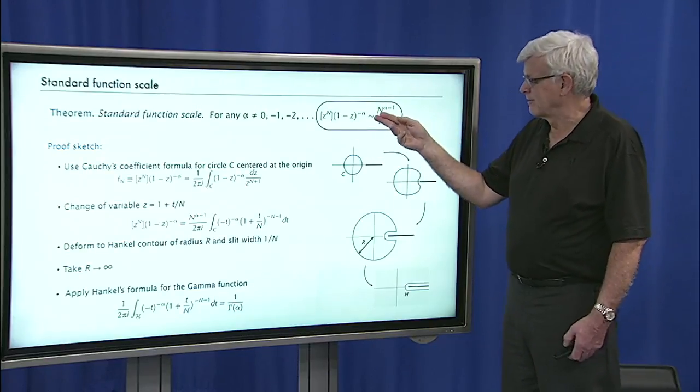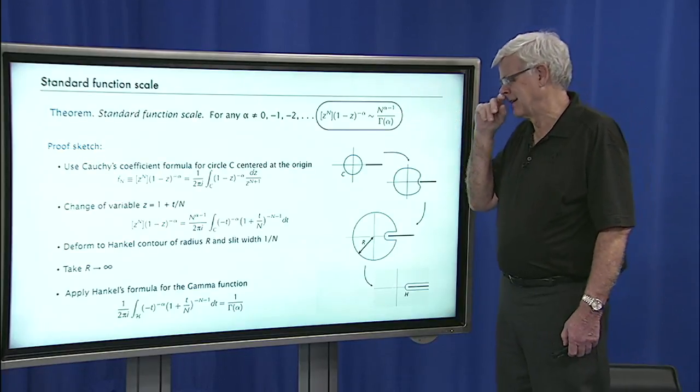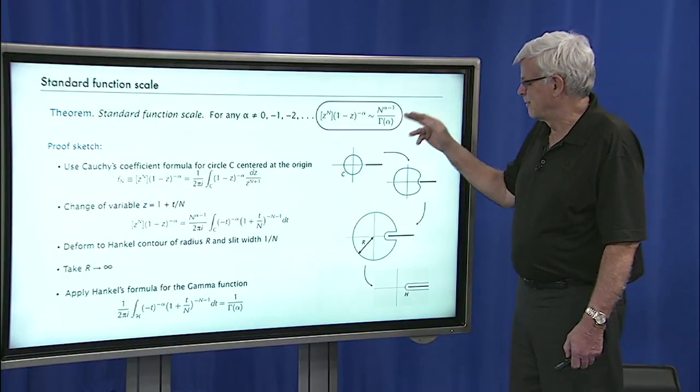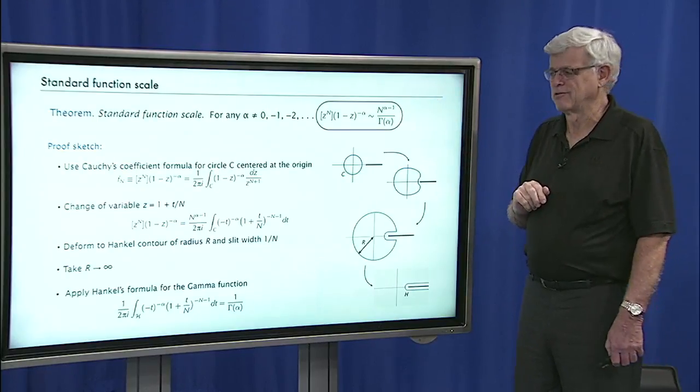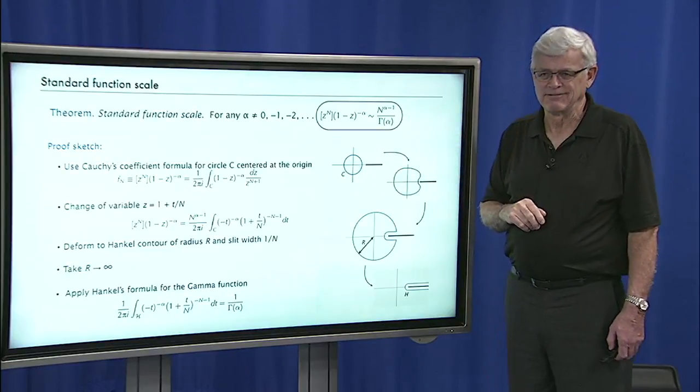If you have the third root of 1 over 1 minus z, or whatever alpha that you have, you get asymptotics in terms of the gamma function. And then it's just a matter of computing values of the gamma function. And in a great many cases, it's alpha equals 1/2, as we'll see.